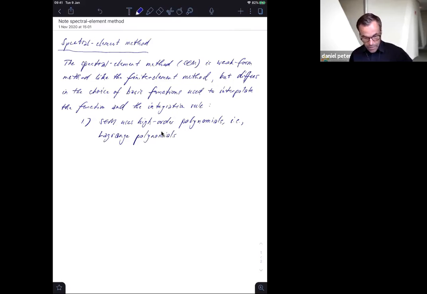And the second point is this integration rule. We use a specific integration rule, we come to that later, to calculate these integral values over the reference element. So together with a specific integration rule, and this is also called the quadrature.